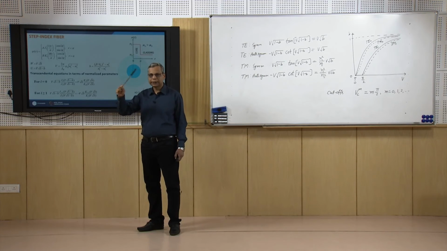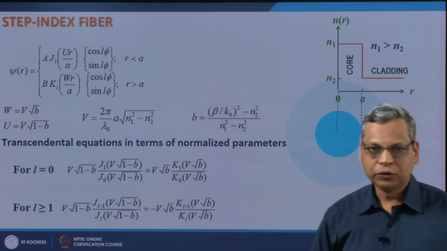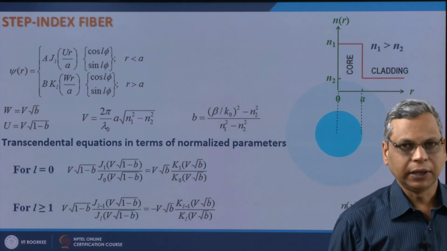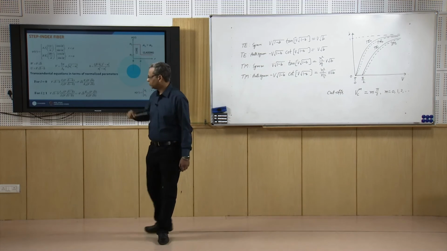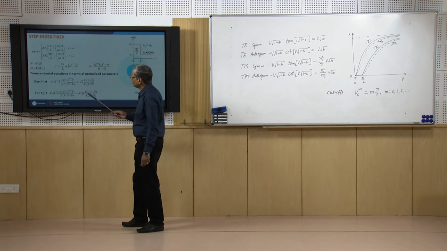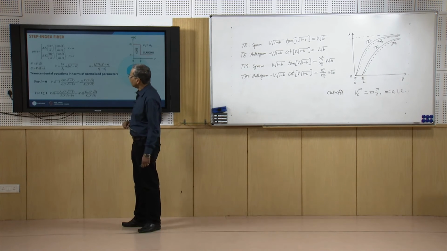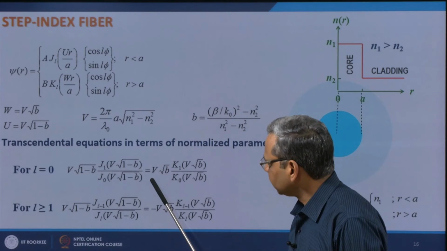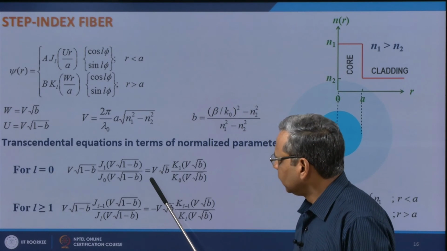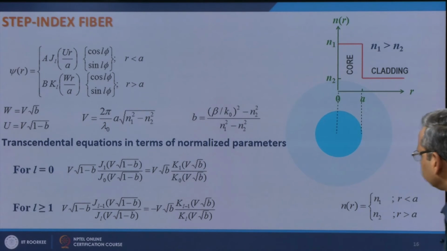So, there would be discrete modes in the phi direction also, which are governed by the values of l, and l assumes only integral values 0, 1, 2, 3. So, for those I can then find out what the r solutions are, and the modes' propagation constant would then be given by these two transcendental equations.